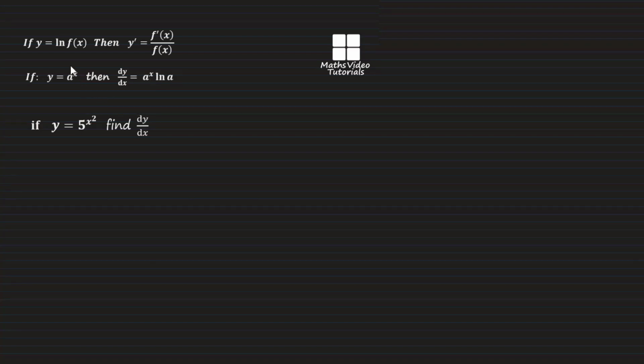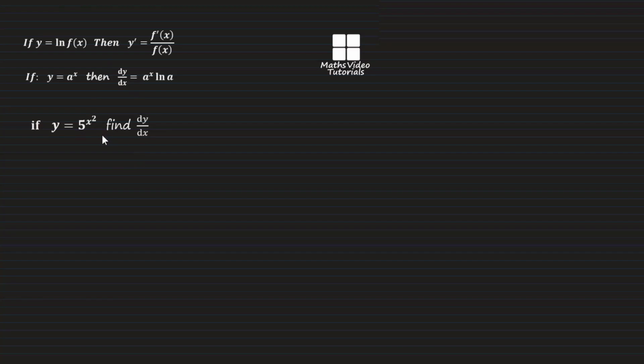And we have used the definition of the derivative of the natural log of a function, ln f of x, where the derivative is the derivative of the expression inside the natural log divided by the expression itself. Now we're going to take a look at this one here, 5 to the x squared. The index of the power is x squared. Find dy by dx. We're going to apply what we learned so far.